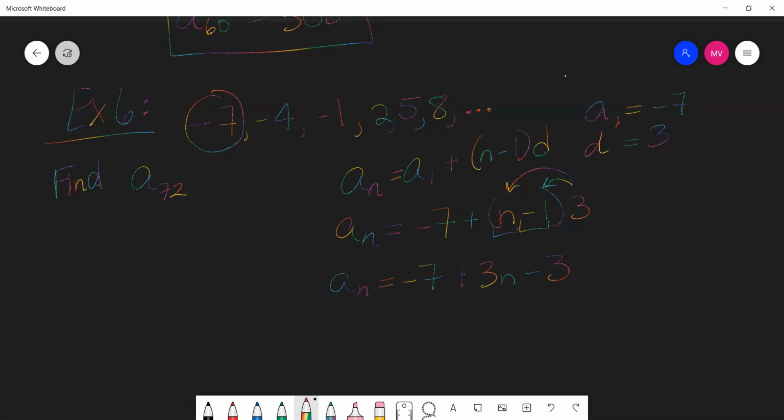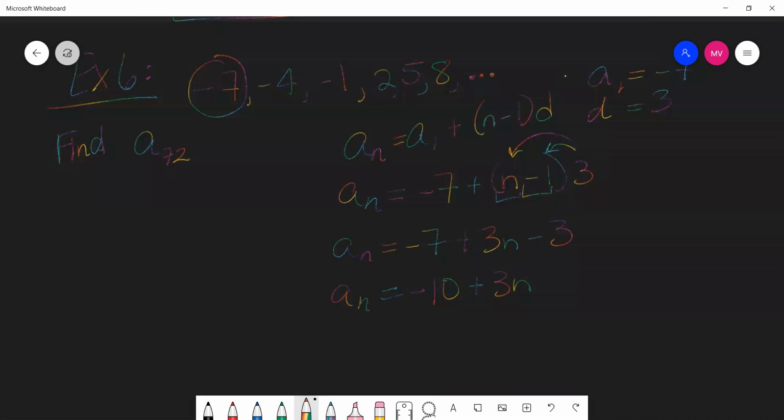All right, so then you can combine the -7 and the -3, and you find that the term at position n equals -10 plus 3n. And using the commutative property, I would rearrange that so my variable comes first, and I would write it as an equals 3n minus 10. Now, this is our explicit formula for this particular sequence.